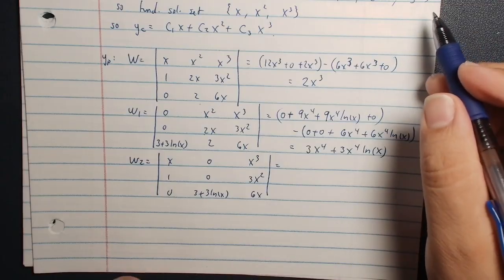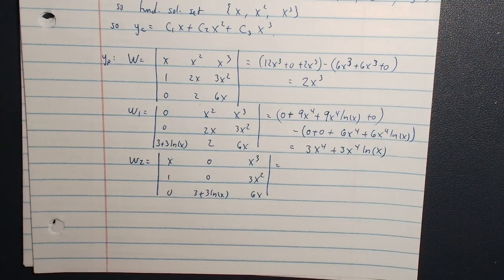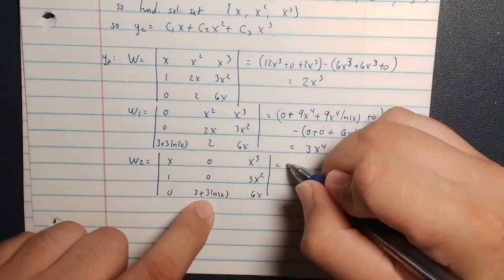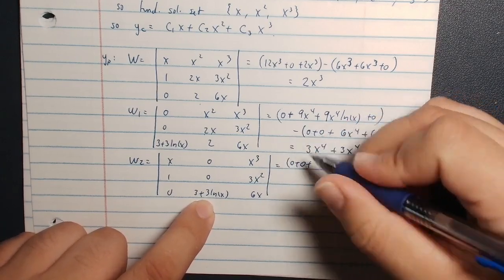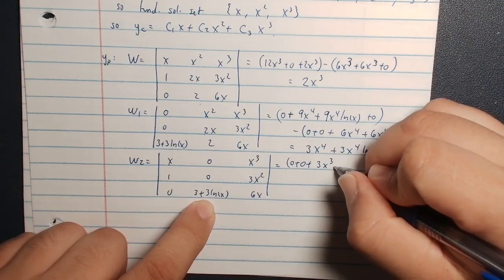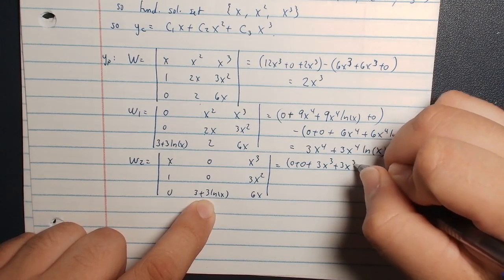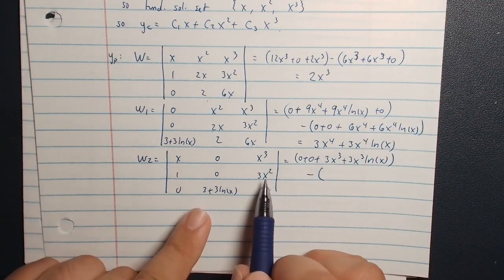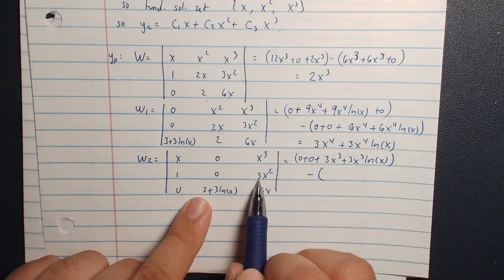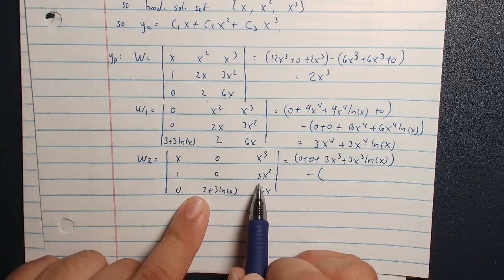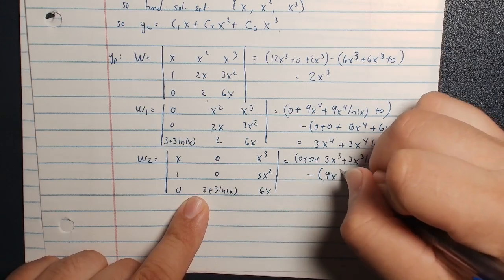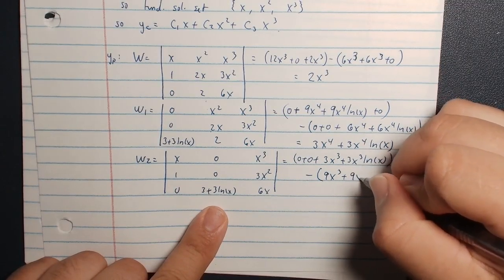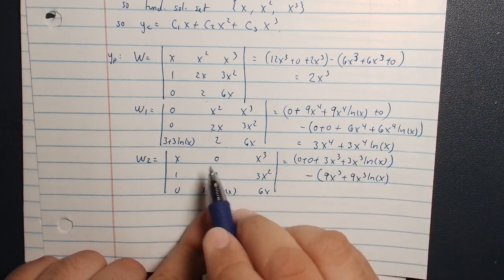And that would give us 0 plus 0 plus 3x to the 3rd plus 3x to the 3rd natural log of x, minus, and then going back the other way, I've got 3 times 3, that'll give me 9x to the 3rd plus 9x to the 3rd log of x, and then 0 and 0.